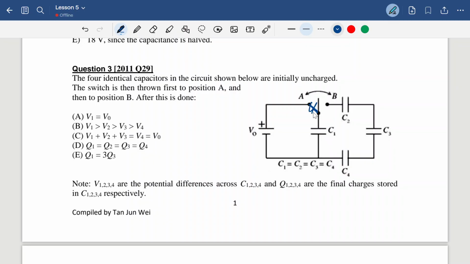Then after that, it's connected to here, and C1 will now charge this C3. What are the final charges? Something like that. This one you probably can't see, so I will write down one for you with values, and one example. Then after that you'll see it.